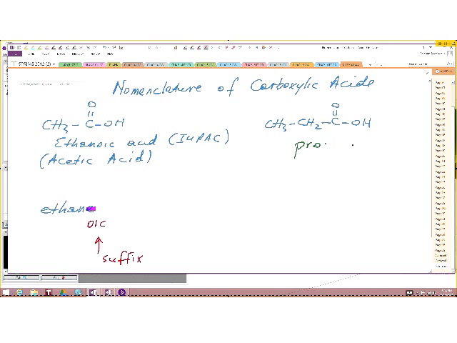Propanoic acid. Okay, if we have this here, the IUPAC name will be butanoic acid.